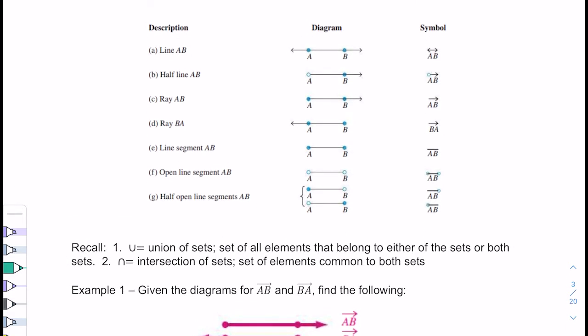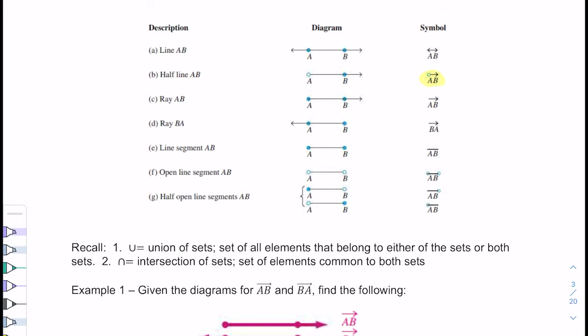Here's a table of different diagrams and symbols. One of the things you might notice is that some of them have open and closed circles. So if we look at this right here, the book refers to that as a half line. It's not a ray because there's an open circle at A. So we refer to that as a half line AB.